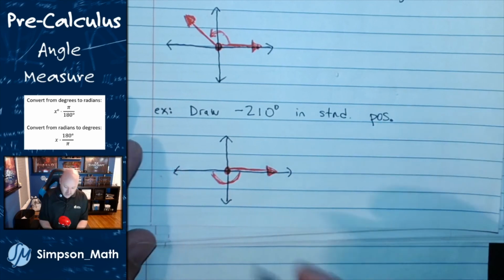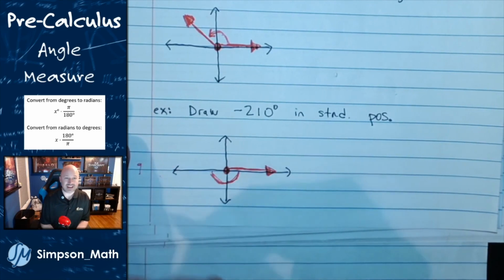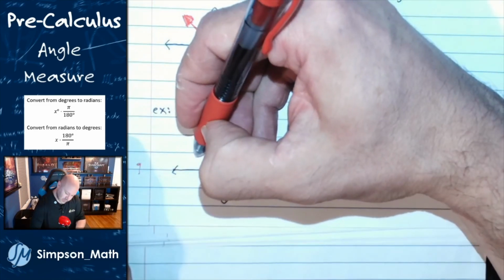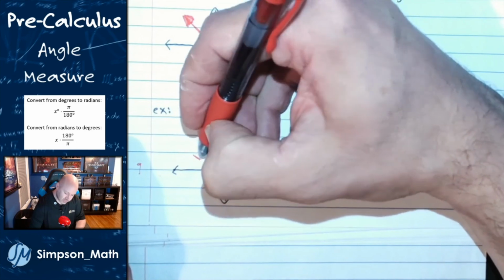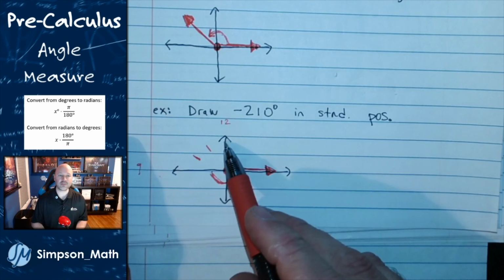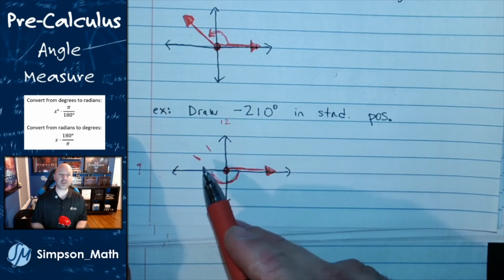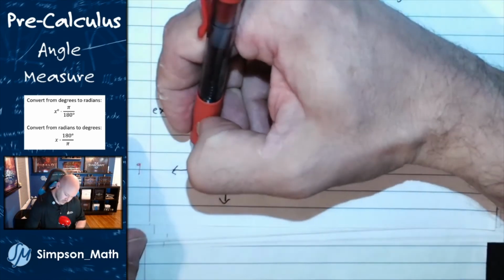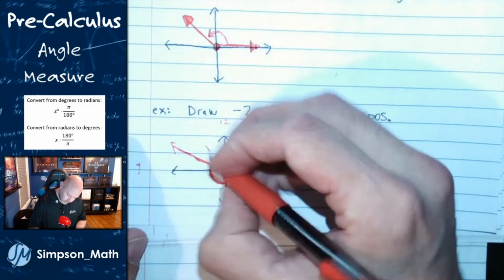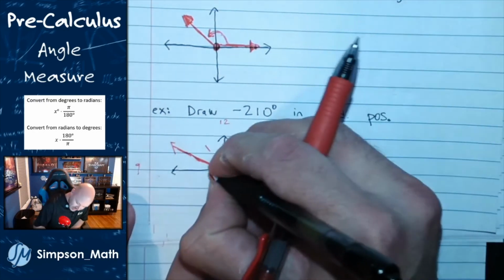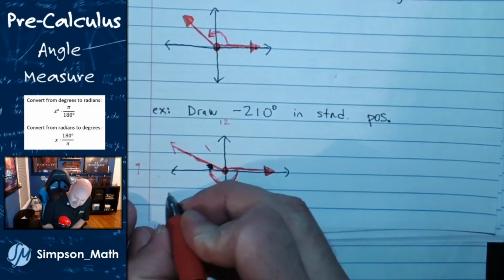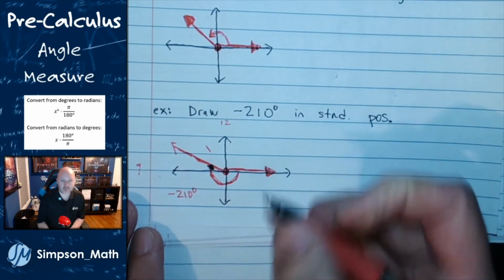So if you want to think about a clock to help you figure this out, a 9 would go there, a 12 would go there. You would bust this up into 3 equivalent sections. That's 90 degrees cut into thirds. So 30 degrees, 30 degrees, 30 degrees. I just need one of those. Let's see if I can put an arrow on there to show my direction. And this angle is negative 210 degrees.